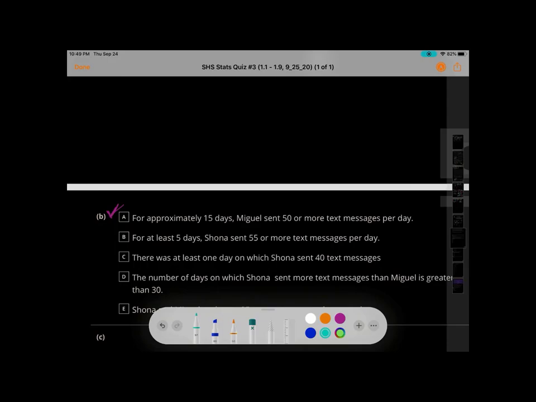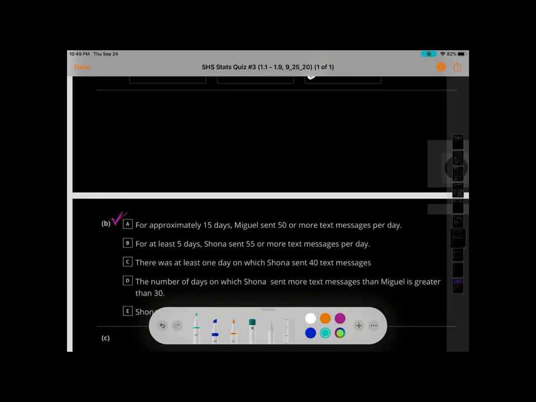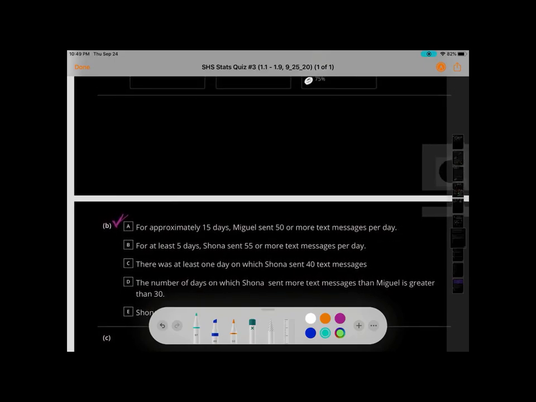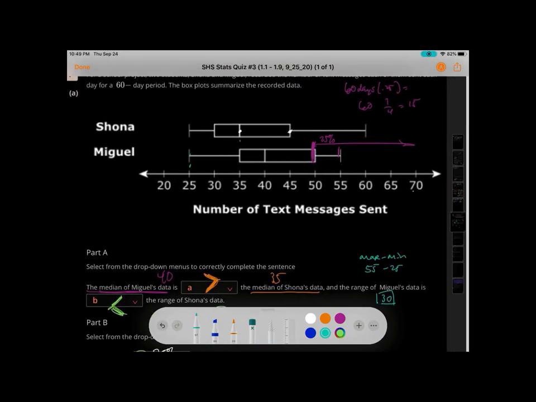For at least 5 days, Shona sent 55 or more text messages per day. Let's go to Shona. 55, and you're saying at least 5 days. Okay, so 25%. We said this is quartile 3, right? So it's 75%. This represents 25% of the data.